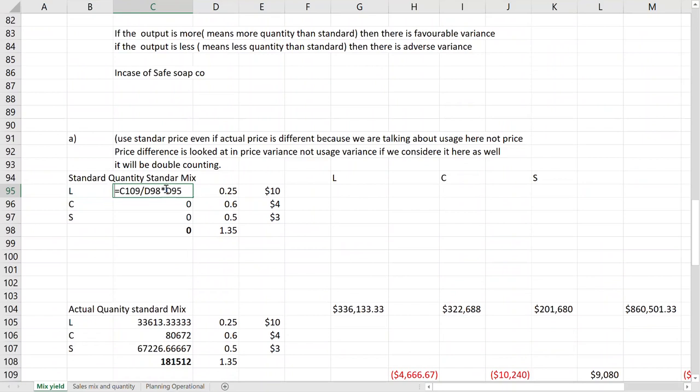So 136,000 multiplied by about 0.25 kgs of this would have been used. 136,000 multiplied by 0.60 kgs of this would have been used, and 136,000 multiplied by half kg of this would have been used.